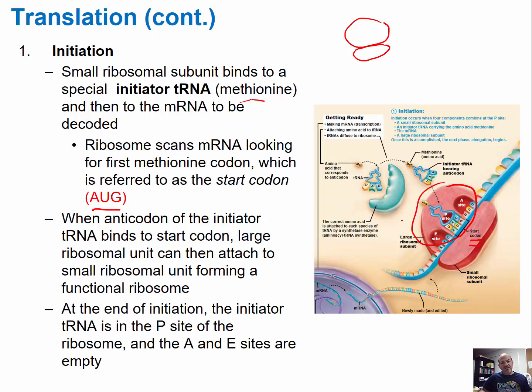At the end of the initiation, the initiator tRNA is going to be in the P site of the ribosome, and the A and the E sites are empty. So this location right here is the P site on the ribosome. And here you have your A site and the E site, which I mentioned earlier.